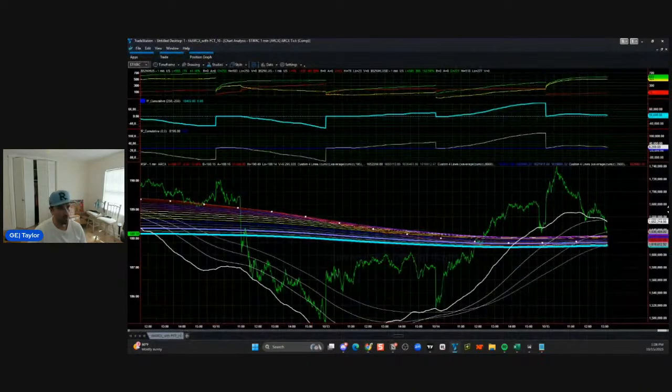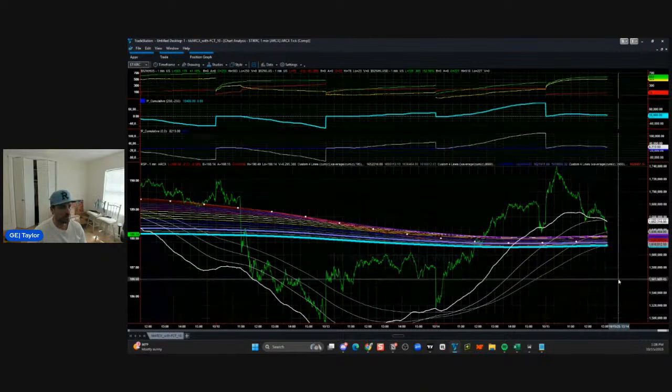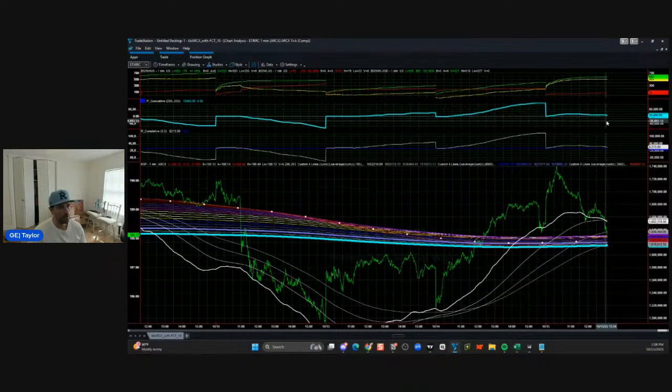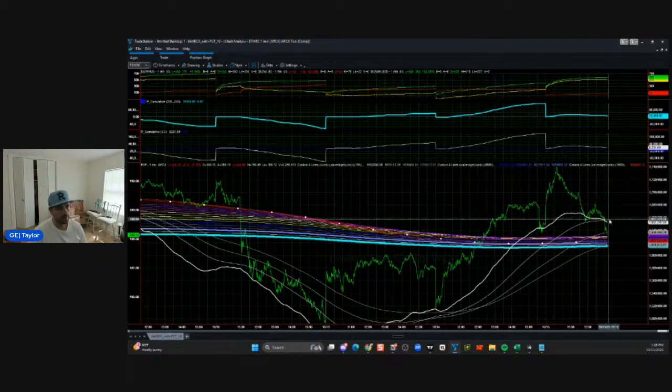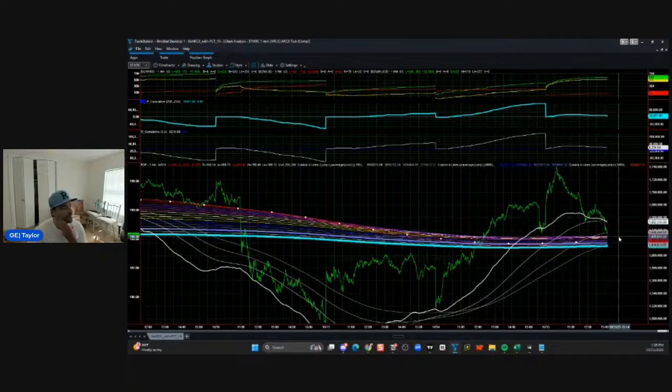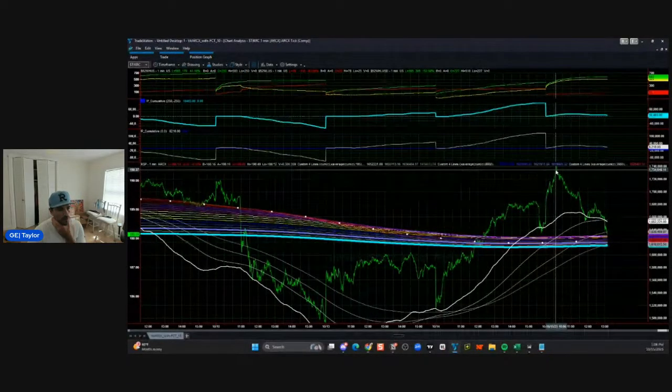Keep in mind though, the market is starting to roll over a little bit intraday. Just looking at the market trend model, ever so slightly seeing some significant selling ticks come in. Again, ever so slightly, the unfiltered cumulative tick is starting to roll over a little bit. So keep that in mind.